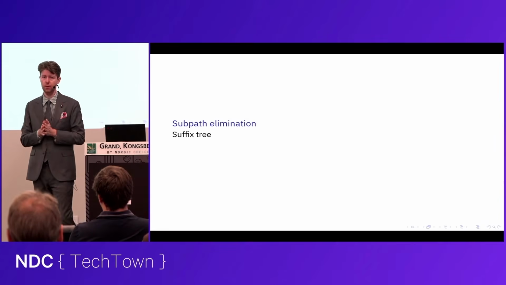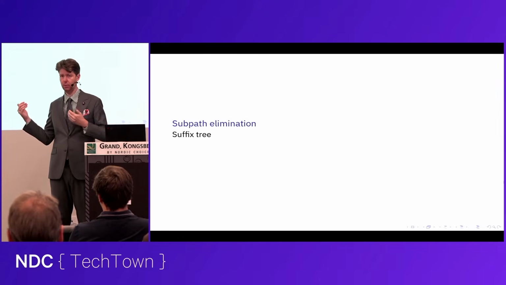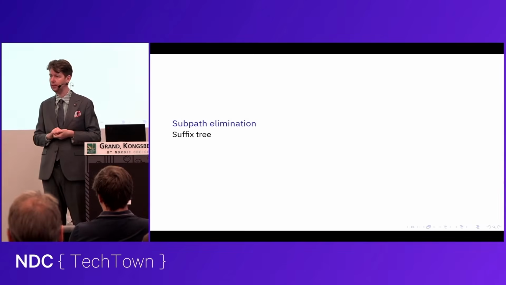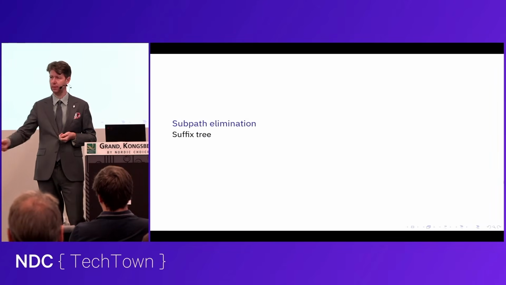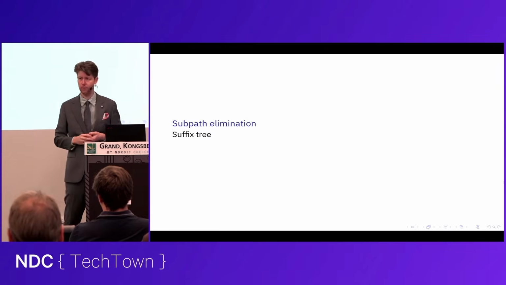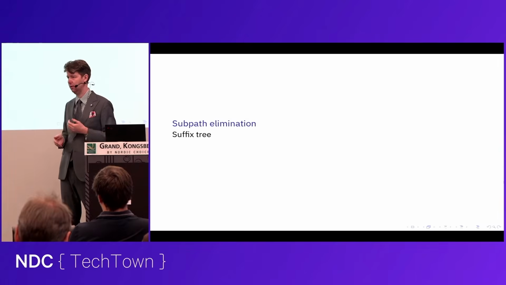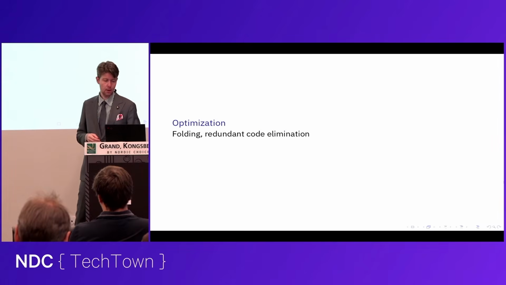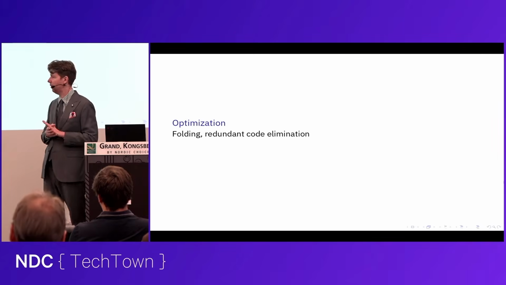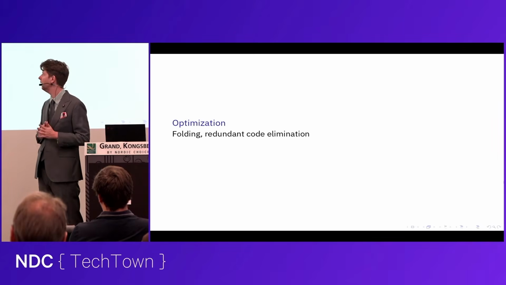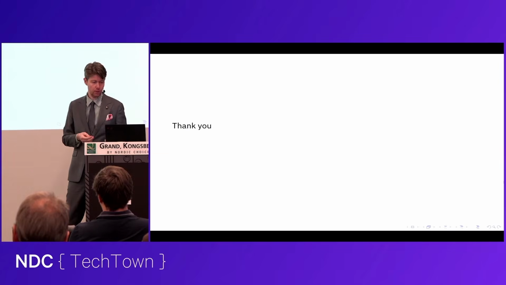And the use of a suffix tree for subpath elimination, when you want to, quote unquote, prime your paths to remove everything that isn't a prime path, I filter them through a suffix tree like you would filter through a set for uniqueness. And this is just extending the definition of uniqueness to subpaths, which I think was a great idea. And then I do some minor optimization by some folding and removing some redundant code that we otherwise would generate.